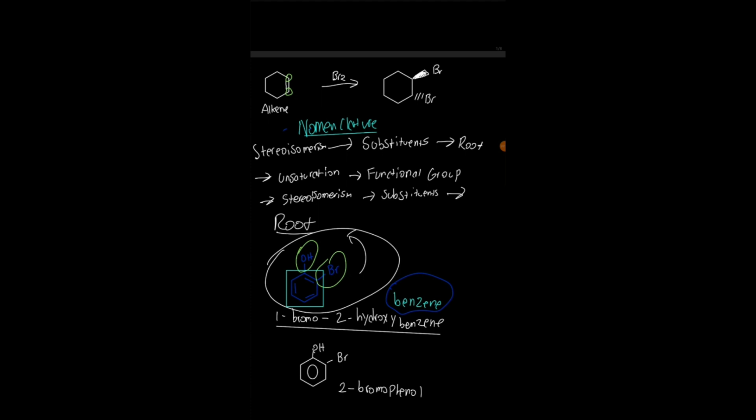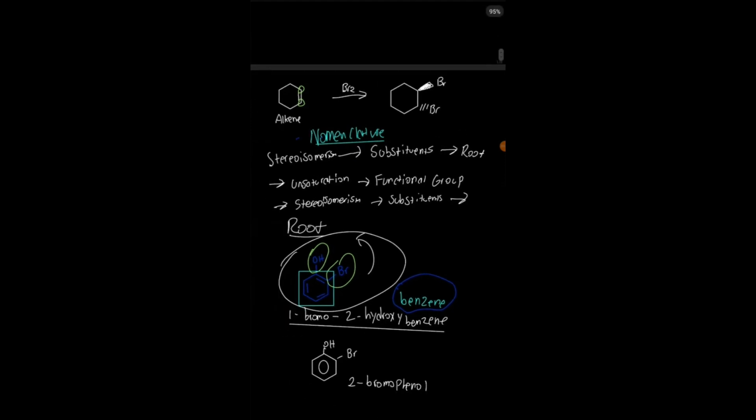If there's stereoisomerism, that would be identified by meta, ortho, or para, if there was, and that also can be abbreviated to O, M, or P, which we'll discuss in a bit. Then the substituents. Obviously if there's a bromine coming off or an alcohol group, which we have an example of down below.